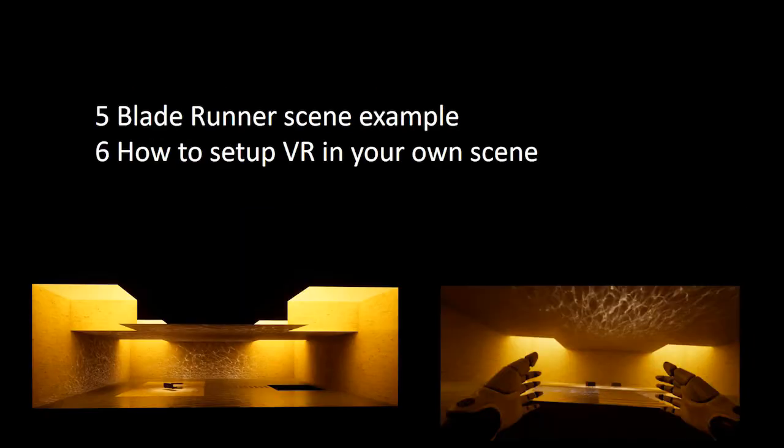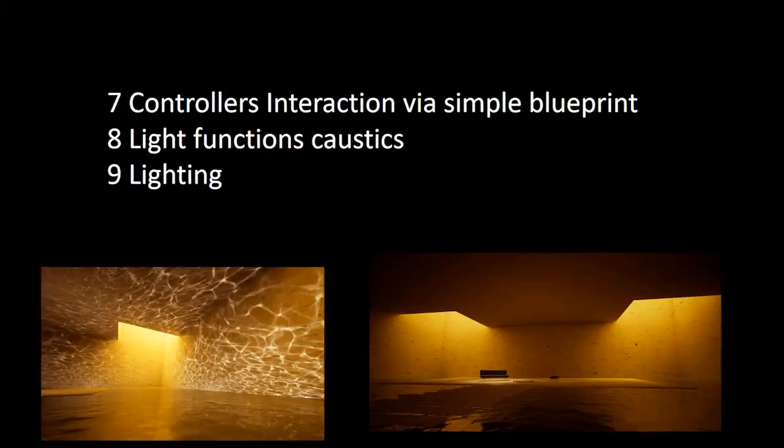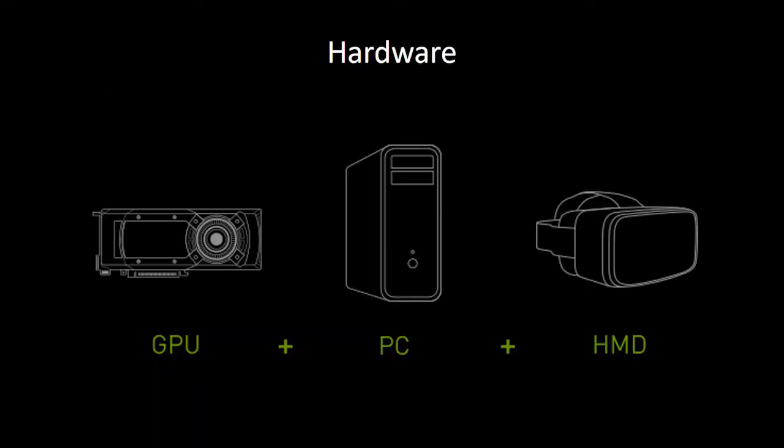Then we are going to have a look at this Blade Runner scene, a little story behind, and then we'll set up the VR that we've seen before in this scene, and finally we'll have a look at how we can extend that a little bit, use the controllers with the blueprints, and I'll point you to some resources for the light functions and then the lighting as well. Great, so plenty to talk about, plenty to look at, so let's get cracking.